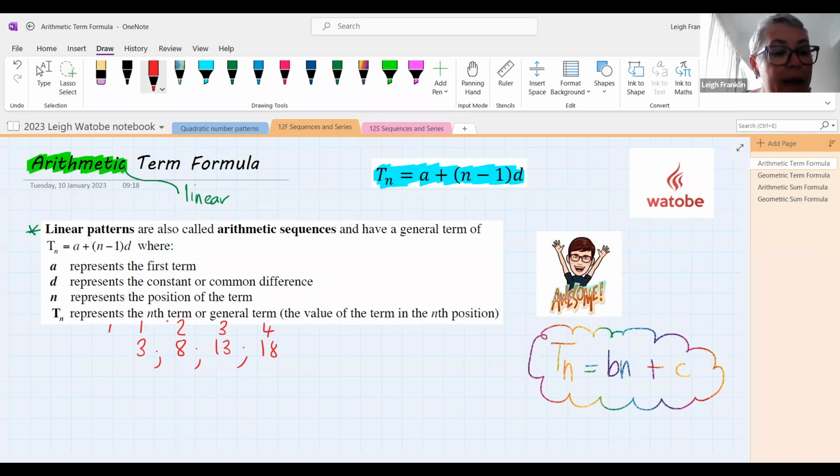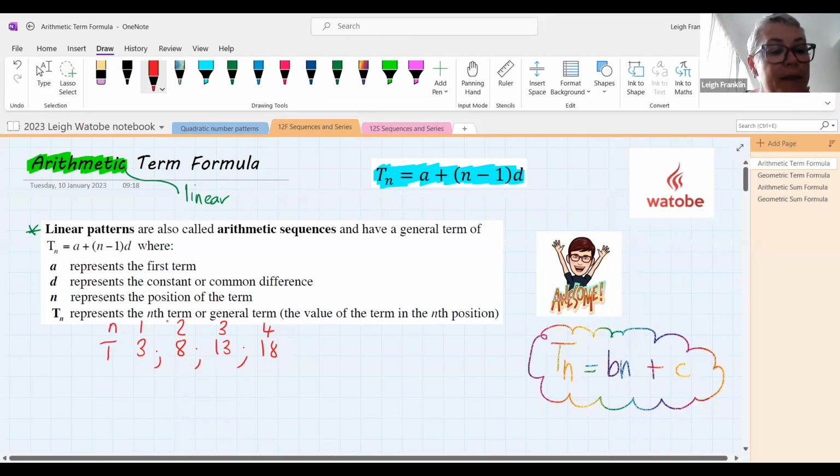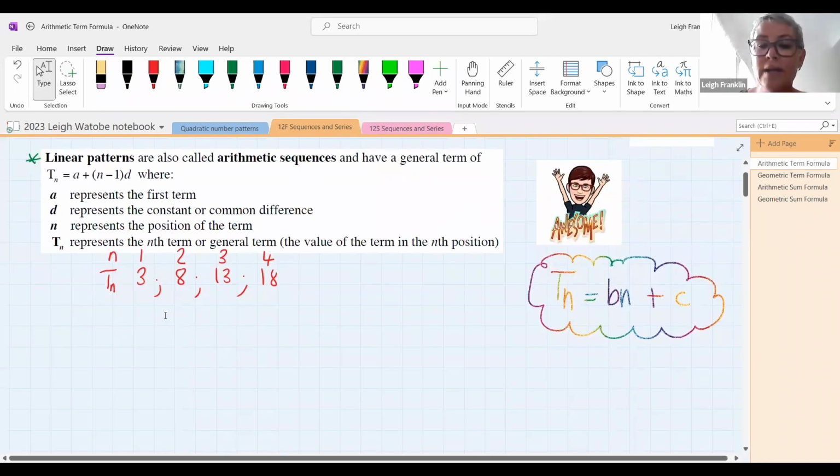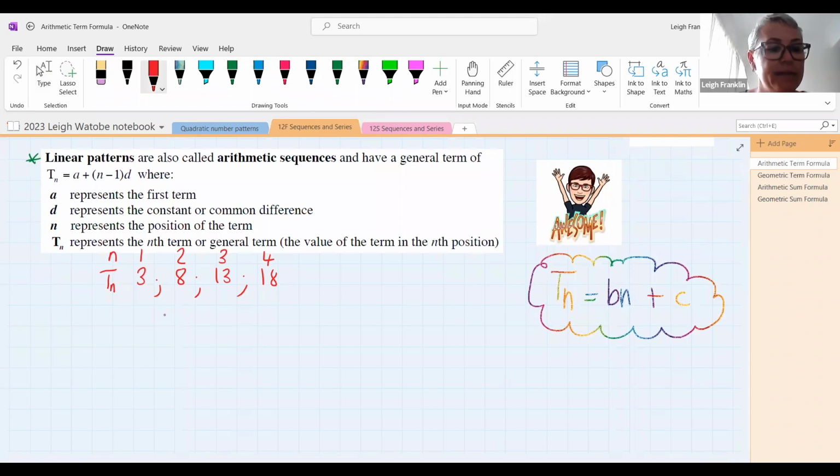These are my n's, my positions, and these are my Tn's, the value of the term in that position. Another way to look at this is as follows: term number 1 is a, and in this particular case, it's 3.